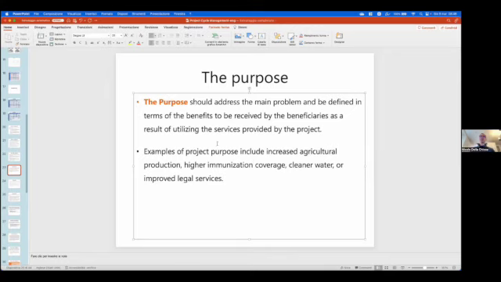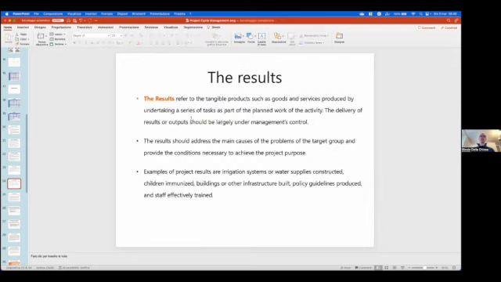These are examples of project purposes. Of course, this should then be put into context. So where, in what area, for how many people, but the idea is to identify an improved situation that we want to realize with our project.